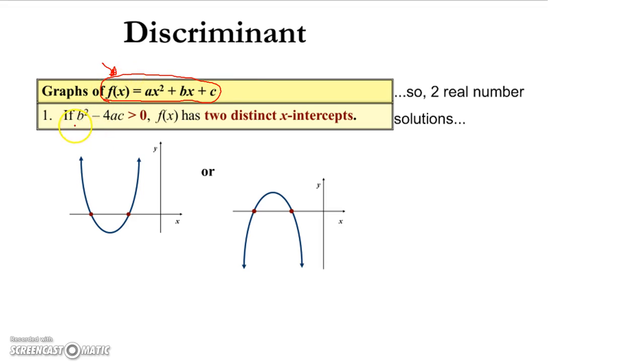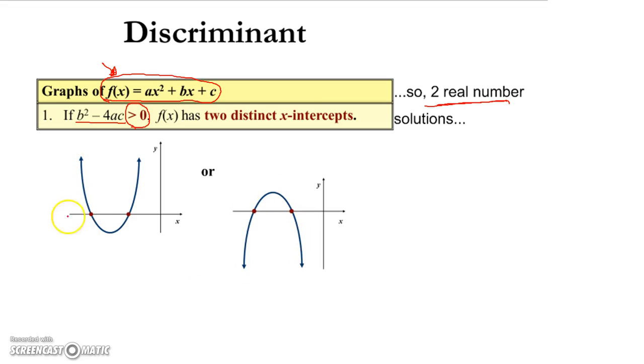But if you look at the discriminant, if that discriminant is greater than 0, then it's going to have two distinct x-intercepts, or basically two real number solutions, because in this case, the x-intercepts are going to be the solutions. By the way, we'll see this in a second, but this shape is called a parabola. The graph of all quadratic equations is going to be a parabolic shape.